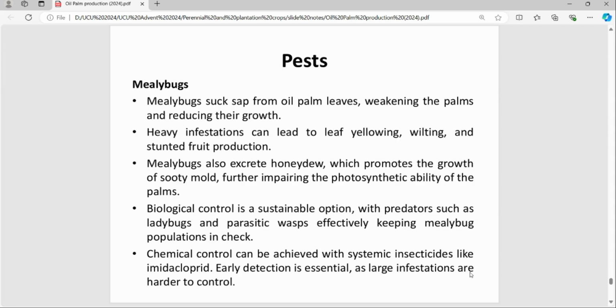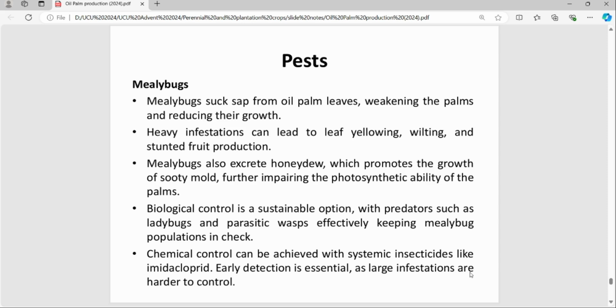Then we have the mealybugs, which suck sap from the oil palm trees, and they weaken the palm trees and therefore reduce their growth. Heavy infestation can lead to yellowing of the leaves, wilting and stunting of the entire plant, and reduced fruit production. And then these mealybugs also produce honeydew that promotes the growth of the sooty mold, which impairs the photosynthetic capacity of the plant.